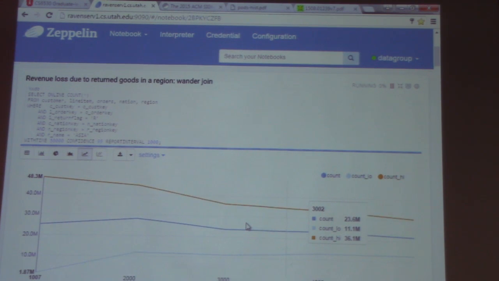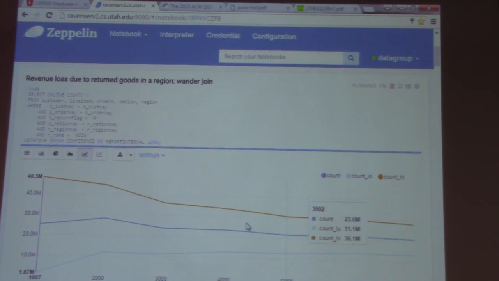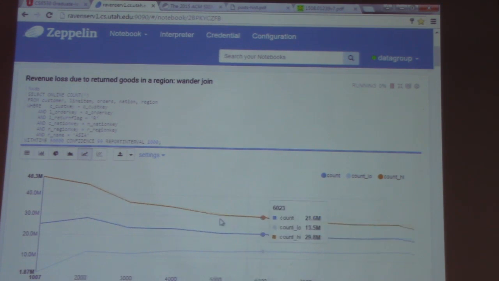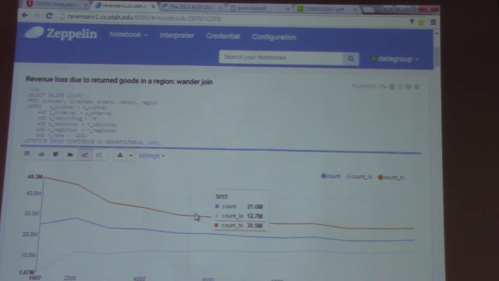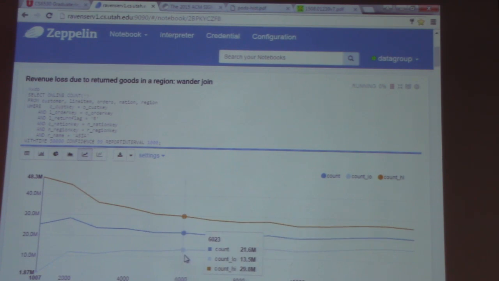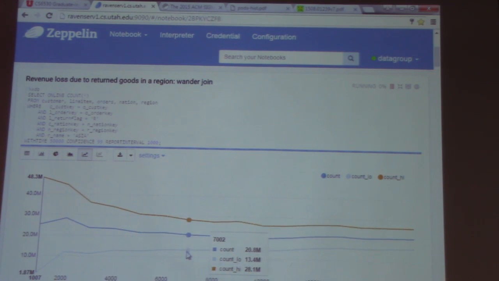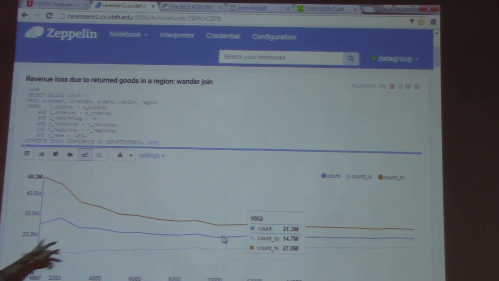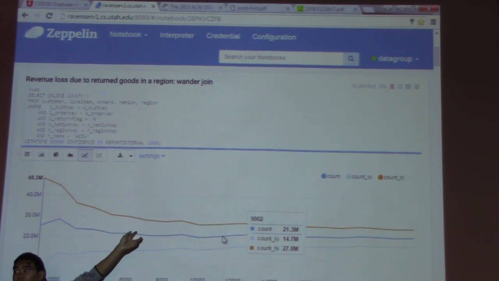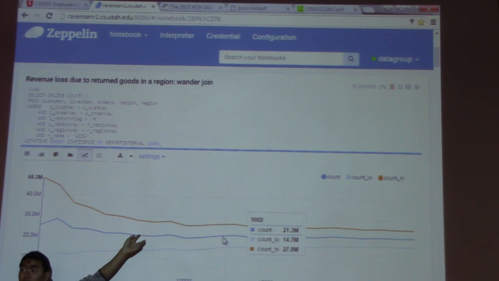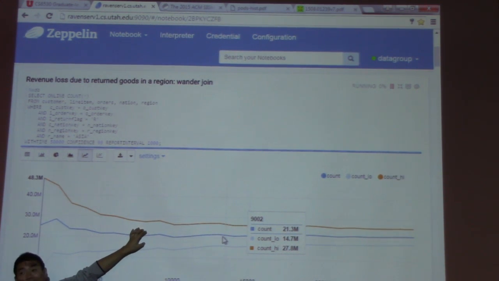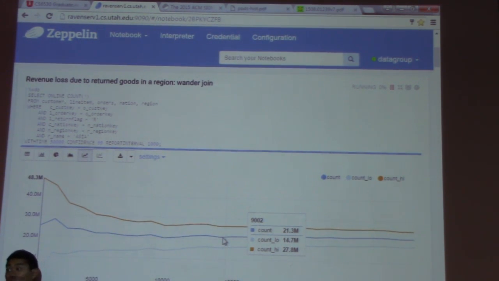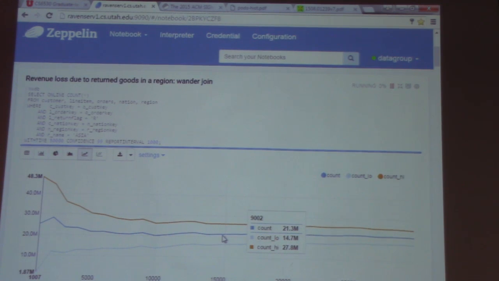We can immediately give you estimations in real time. And the orange curve is the upper bound of the estimate. The light blue curve is the lower bound. And this is the true estimate we'll give you. And the guarantee is that the true size, the exact value of the join size, must be within this range.